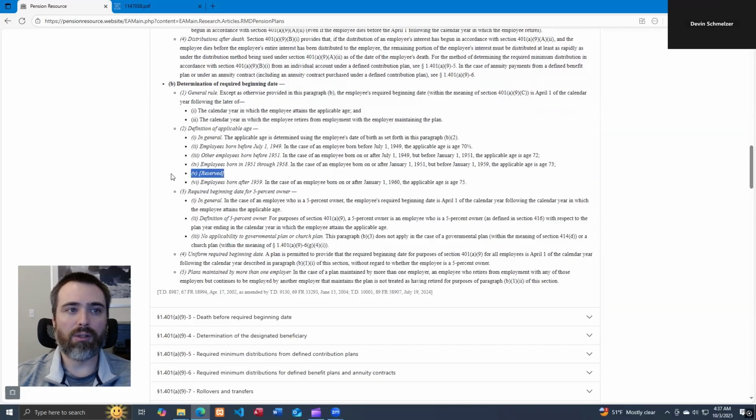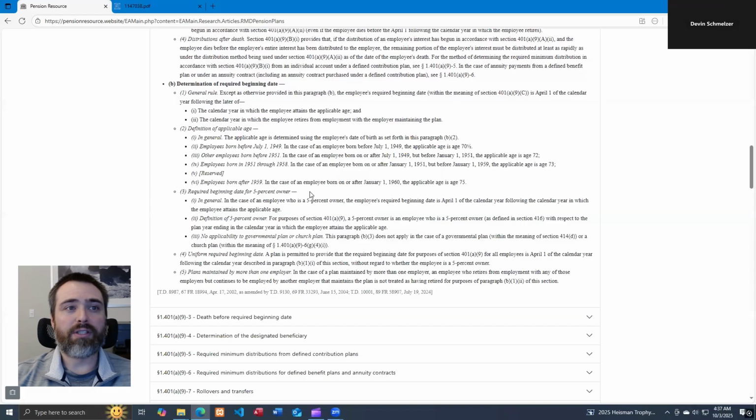There's a hole in the code that defines what their applicable ages are for those individuals. Congress has some time to figure that out, but until then, I'm just going to be safe and assume age 73 applies to those individuals for required distributions. I suspect Congress will modify the code to fill in that gap sometime between now and 2033.